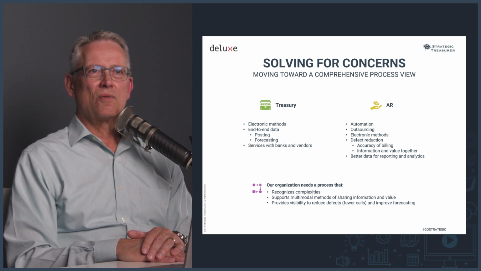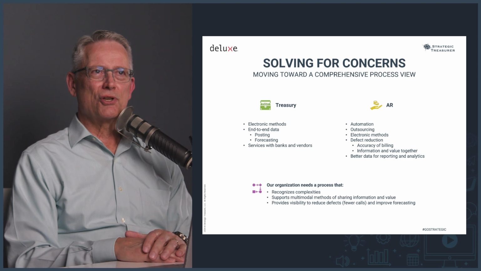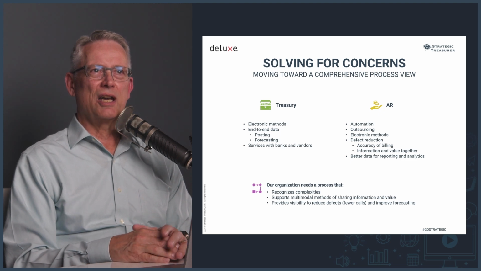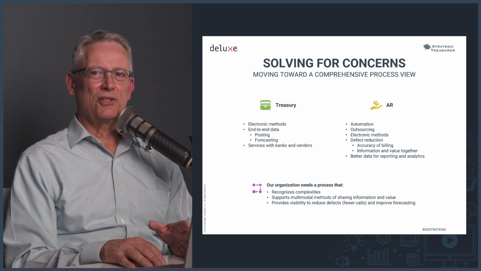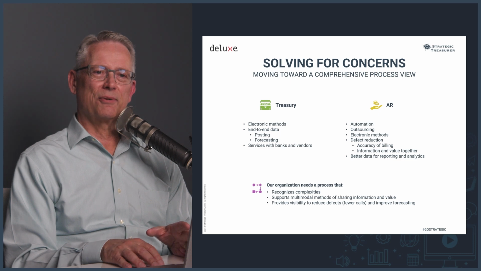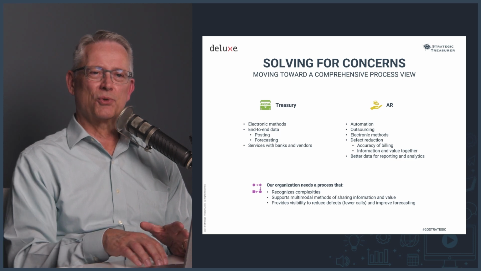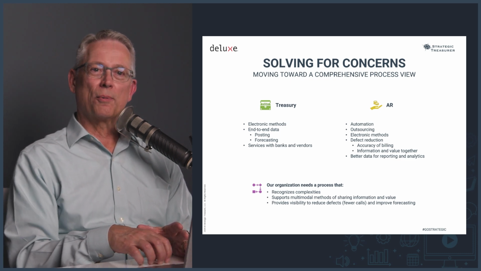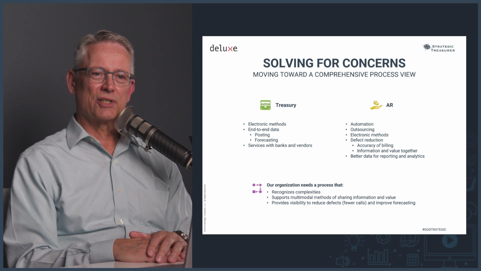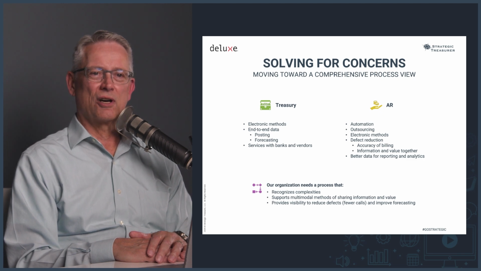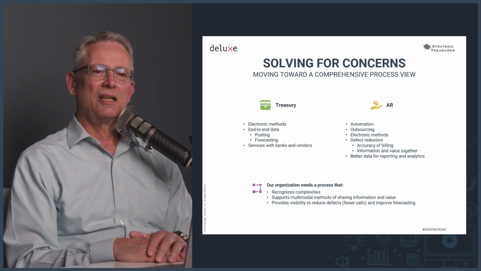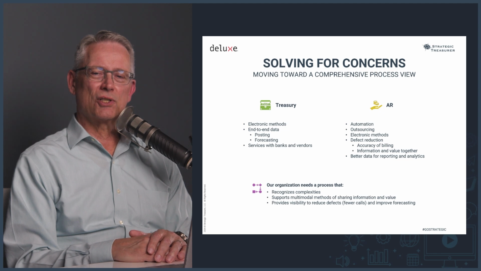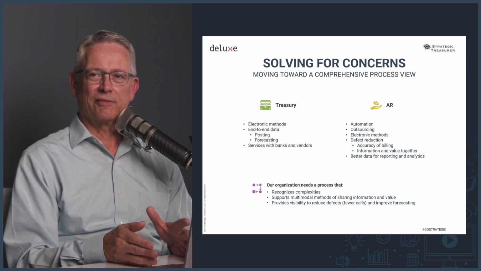So what many companies are doing is focusing on how they receive information, how they view information, and how they can incorporate things like artificial intelligence and other automation routines to get those transactions posted automatically to the highest level.